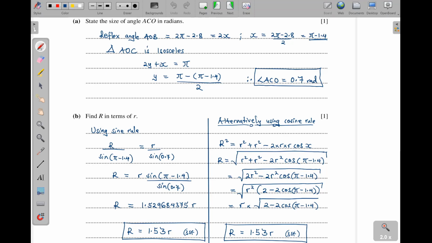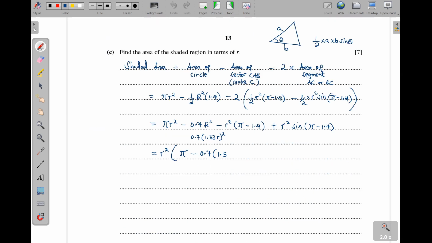So we are having 1.529684375 of r. Remember it is of r squared, but I've taken r squared outside. That means I'm not going to put the r here. Okay, so it will be like that.